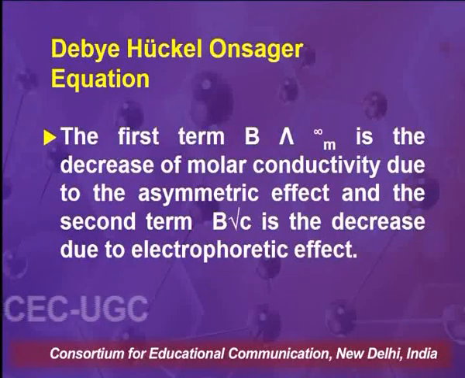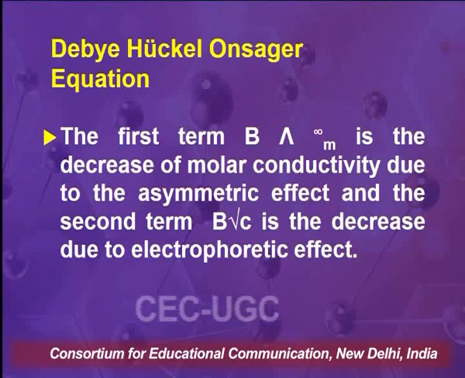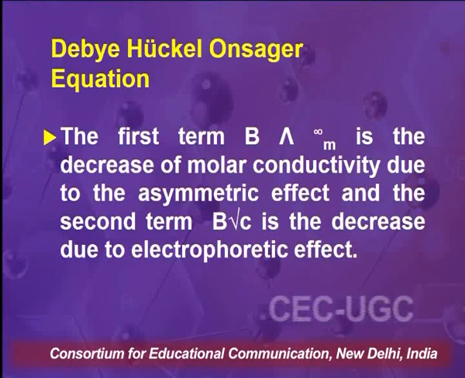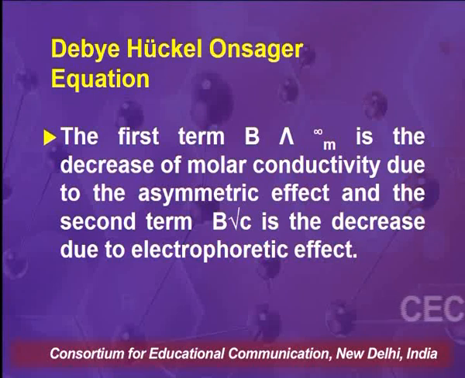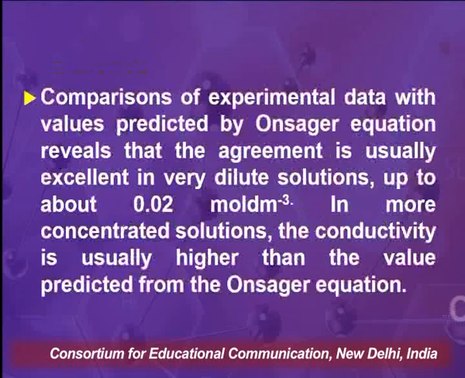The first term, b lambda m infinity, is the decrease in molar conductivity due to the asymmetry effect, and the second term, a under the root c, is due to the electrophoretic effect.